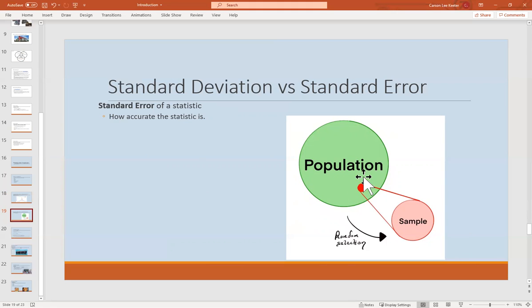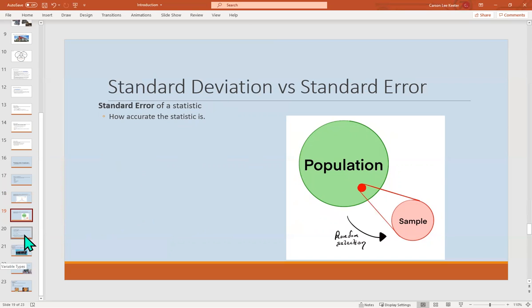The less that we incorporate from the population, the larger the standard error is going to be. And this goes for pretty much any statistic, okay? Mean, median, mode, when we get into regression, slope coefficients, that kind of stuff. But for now, we'll just keep it general: standard error of a statistic, how accurate the statistic is, okay?